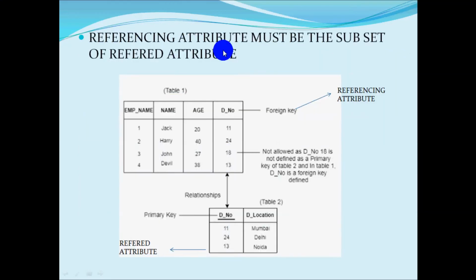One thing is very important here: the referencing attribute must be a subset of the referred attribute. As I said previously, if a person exists on the earth, only then do we have to talk about him.